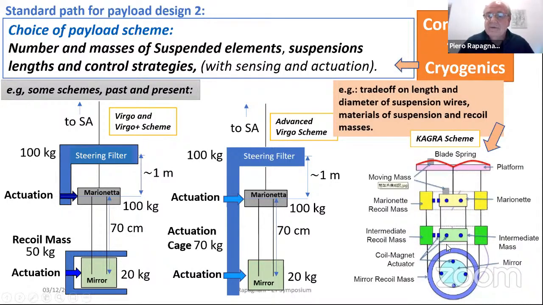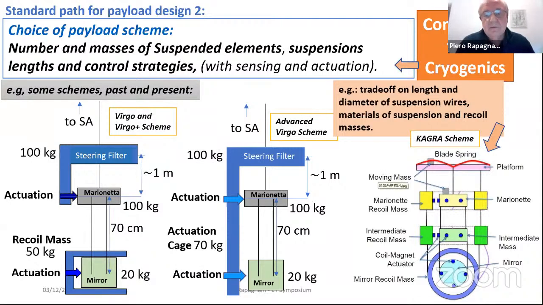And KAGRA, for instance, to go to what is of interest to us, has another different structure with an intermediate mass, with recoil mass, and a recoil mass around the mirror. The structure of the payload is of paramount importance also for the cryogenics.